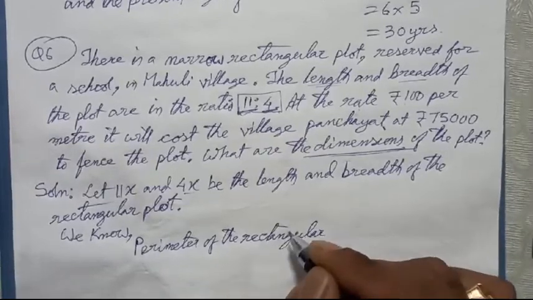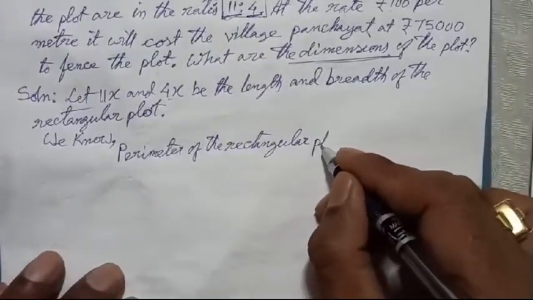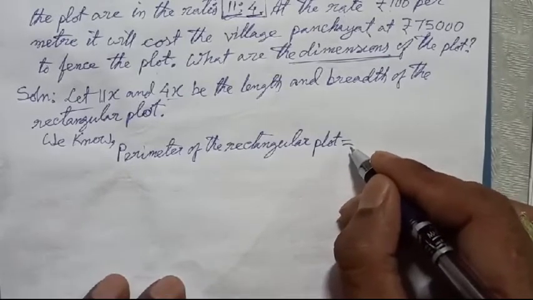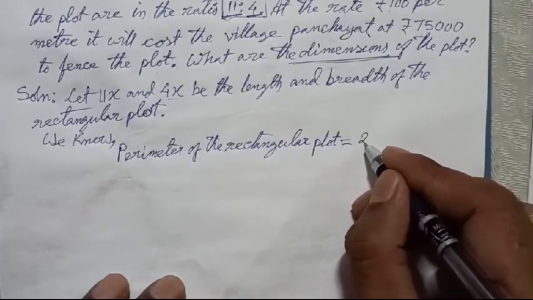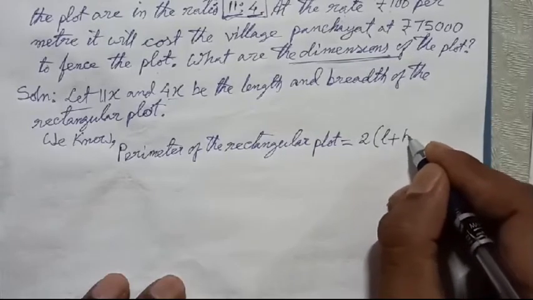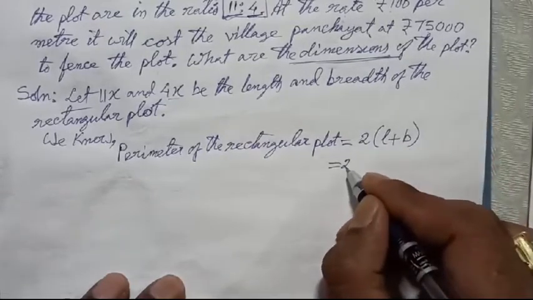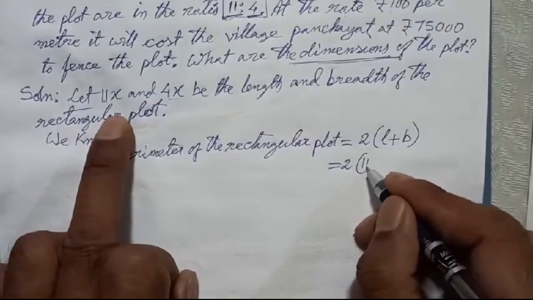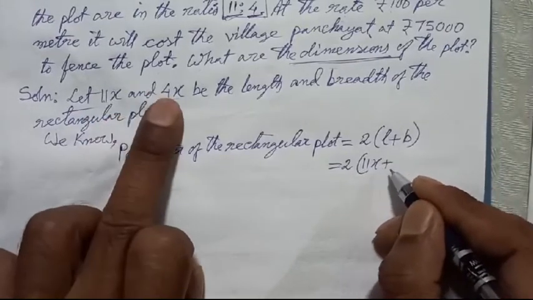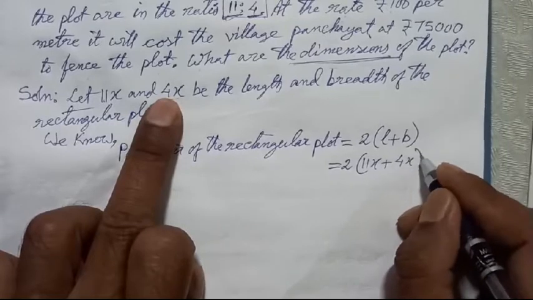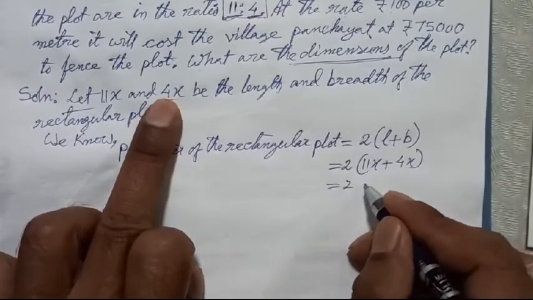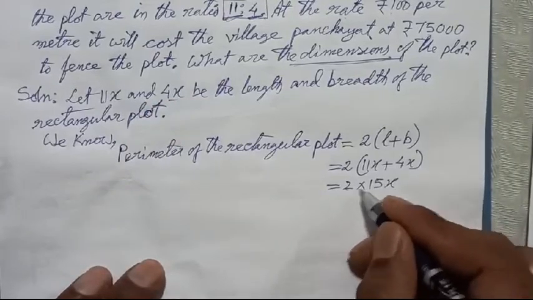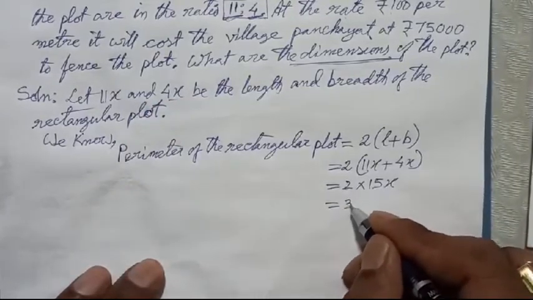The perimeter of a rectangle is twice length plus breadth. The length is 11x and the breadth is 4x. So 2 into 11x plus 4x, that is 15x. 2 times 15x is 30x.